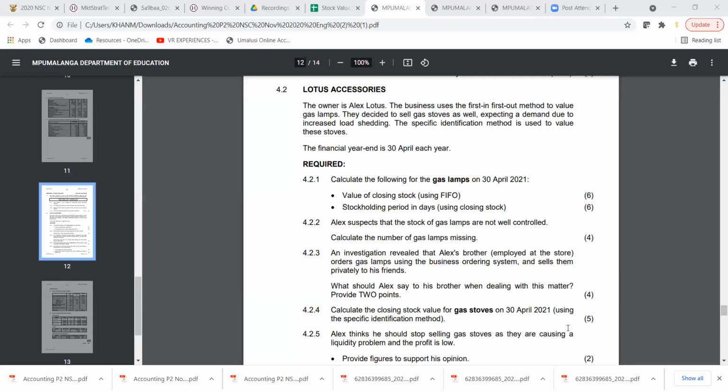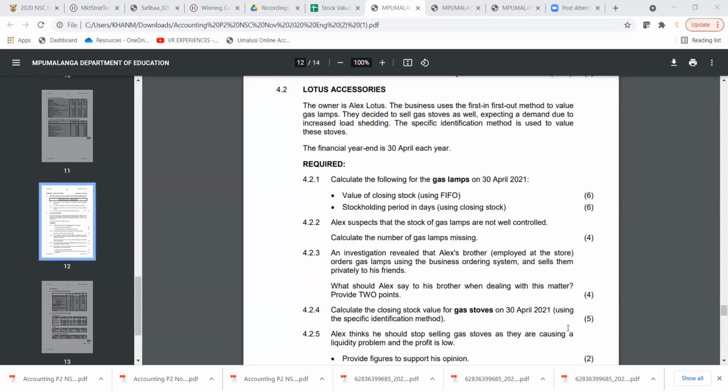Okay, so now they say the financial year end is 30th April, each year. So 4.2.1, they say calculate the following for the gas lamps on 30 April 2021. So what must we calculate for gas lamps?